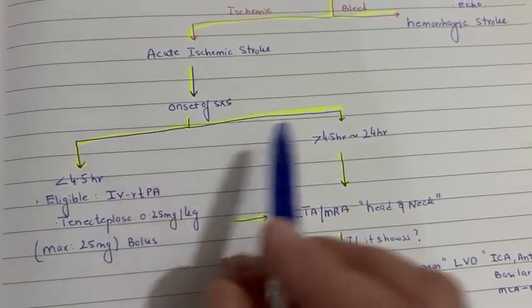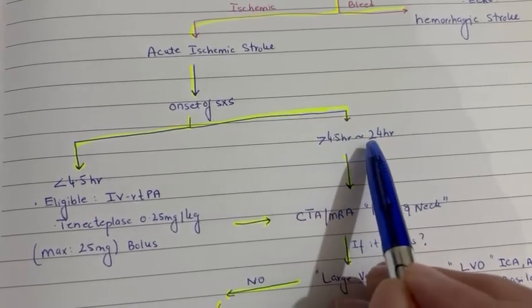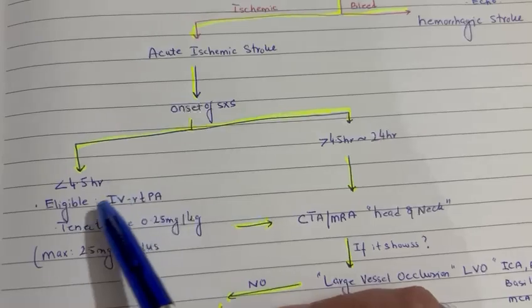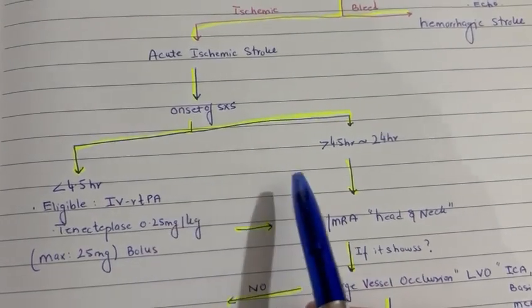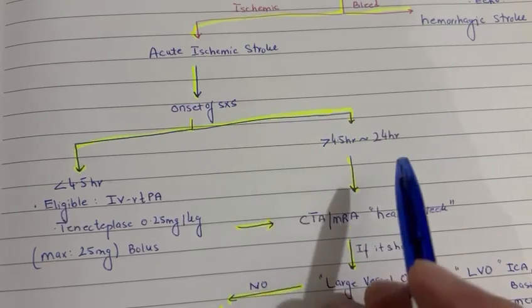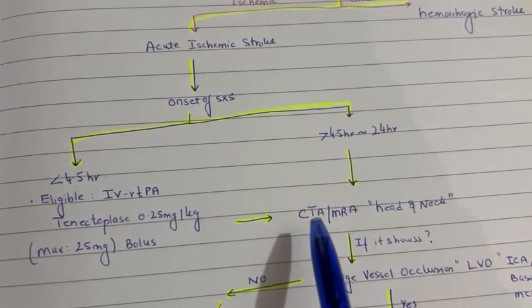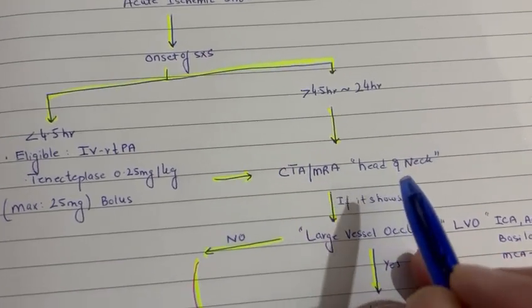And if the patient is out of the window, more than 4.5 or 5 hours, or 6 hours later he presented, and less than 24 hours, then thrombolysis will not be the choice. Here our choice will be giving the patient an aspirin loading dose, and we need to do the CTA and MRA for the head and neck.